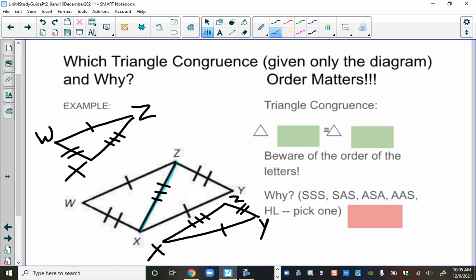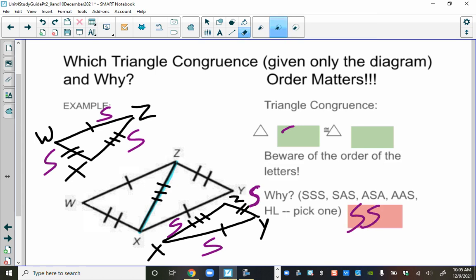In this case, that's automatically going to be a side, side, side. So that's a side, side, side deal.